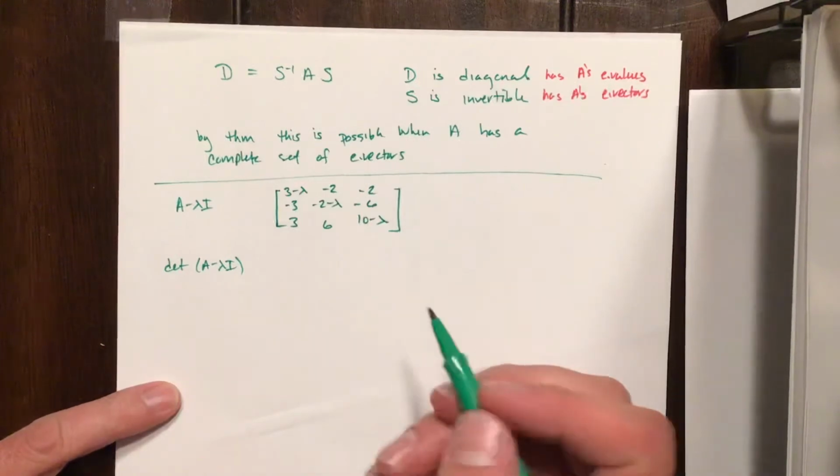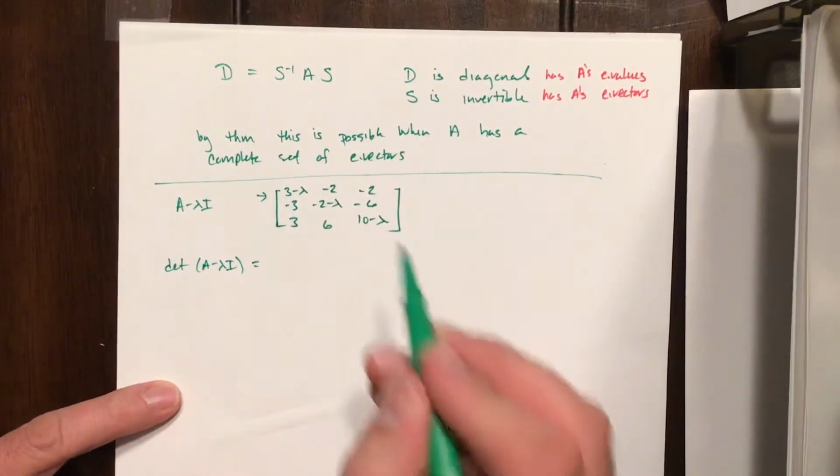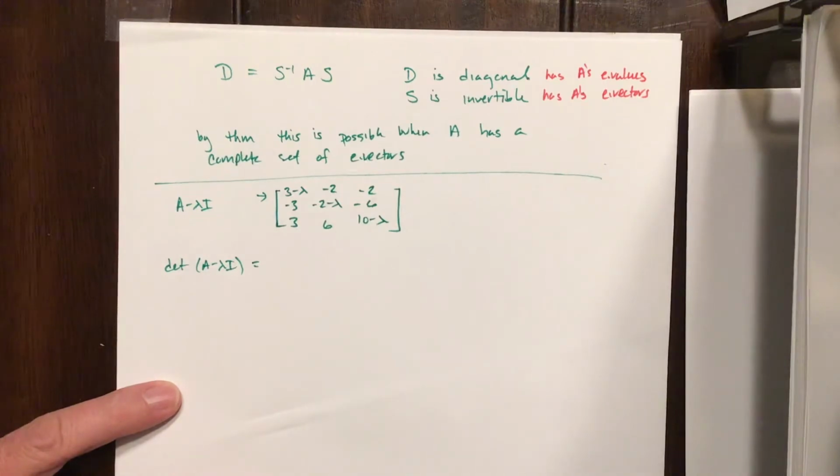well, it's not easy. Let's see. There's no row or column that's obvious to expand across because there are no zeros in the matrix. So I'm going to expand across the first row.